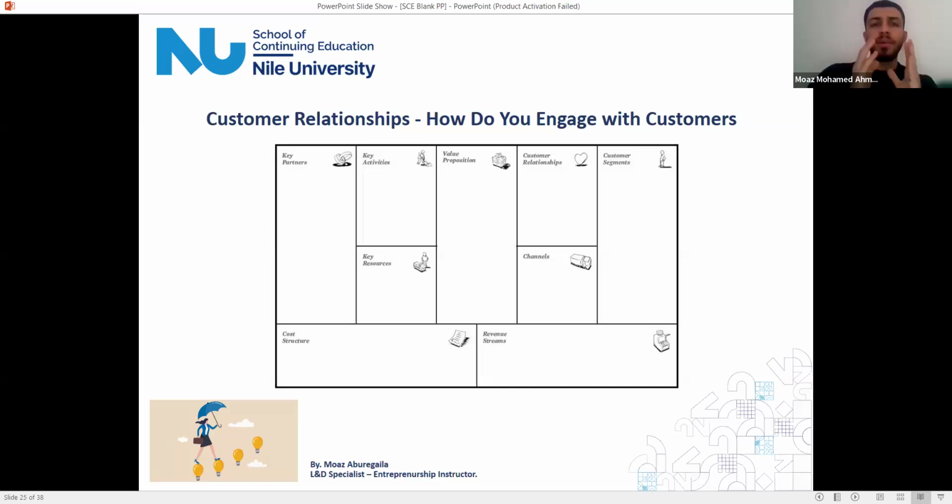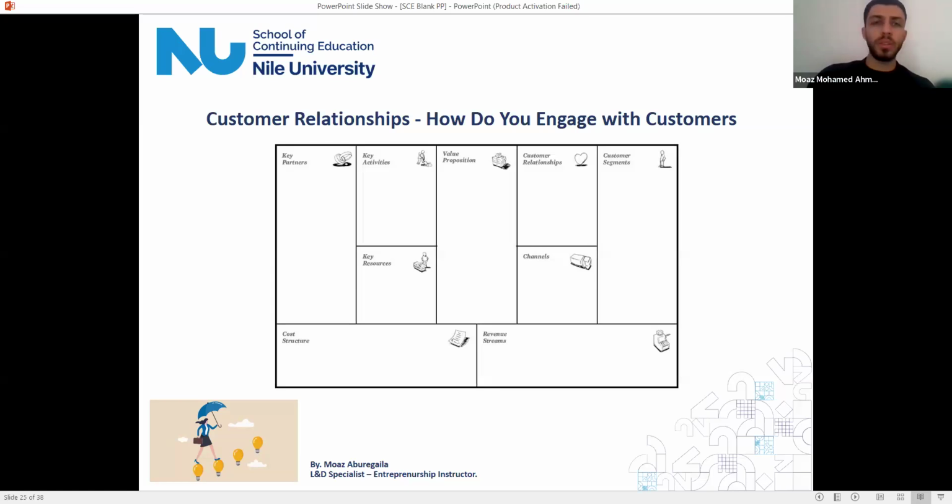And these relationships could be personal assistance or self-service, like using your application and they serve themselves very easily, or automated services like lots of applications, or building communities for your unique customers, or something called co-creation.